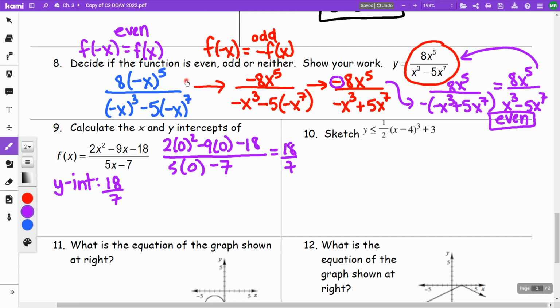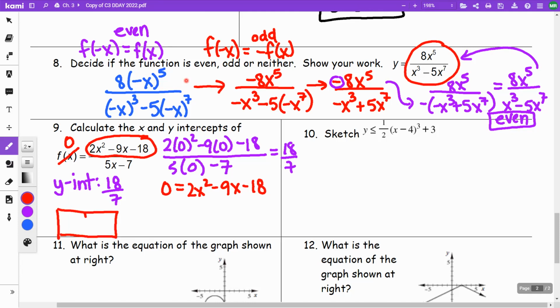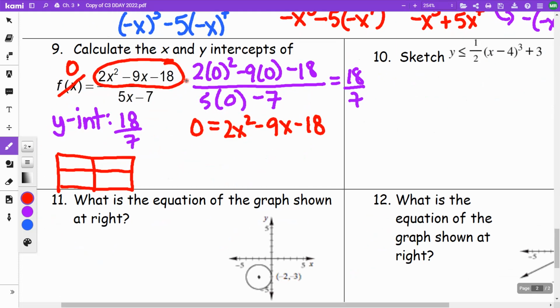Now when I'm trying to get my y to be 0, my numerator has to be 0. So I'm really working out 0 is equal to 2x squared minus 9x minus 18. I'm going to factor that. I am going to get a 2x squared here and a negative 18.